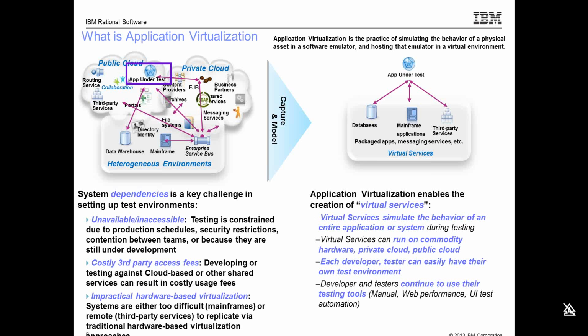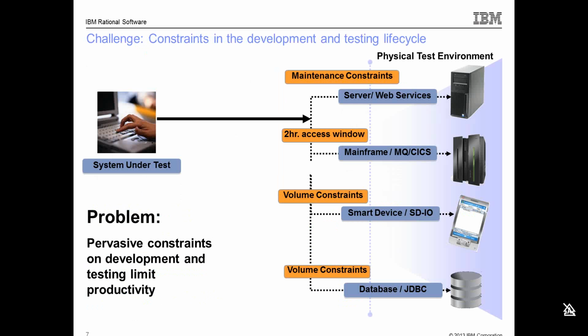Okay, so let's quickly list the different types of constraints that we have on this graph and see how we can get past them. What you see on the right side is the physical test environment, and these could be servers. We said physically it could be a server. In terms of software, it could be a web service running on that server, and I might have maintenance constraints on that.